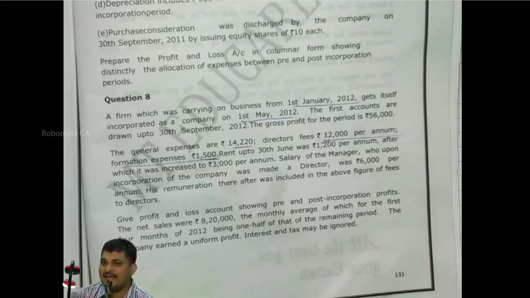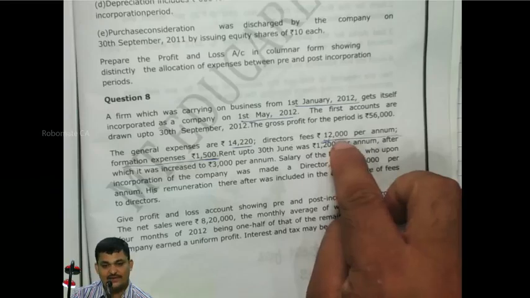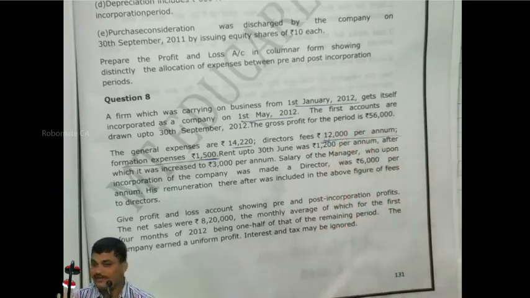And his remuneration henceforth is to be included under director fees. So whatever director fee we consider here includes that manager's salary, so we need not do any separate working. What we should do is compute the salary to manager only for the 4 months, to be taken exclusively in the pre-incorporation period.